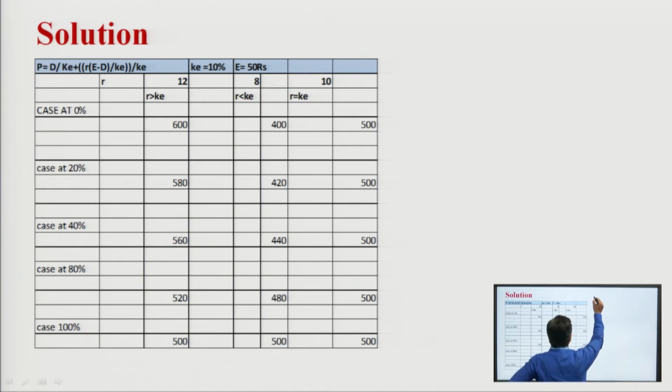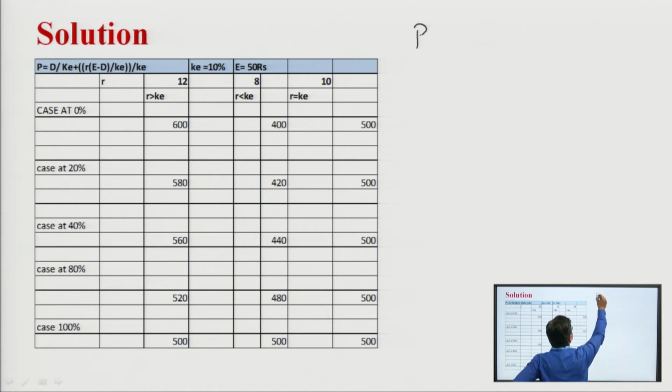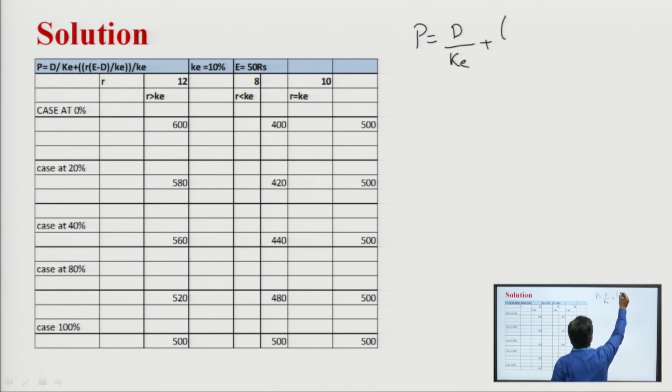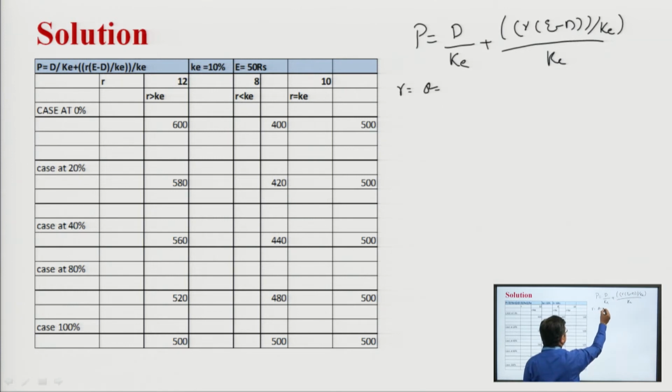We know the formula: D divided by K plus R into E minus D divided by K, whole divided by K. The case is R equals to 8%, 0.08, and dividend is 0.